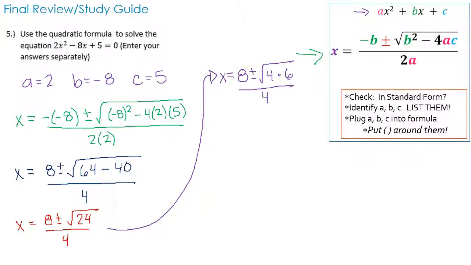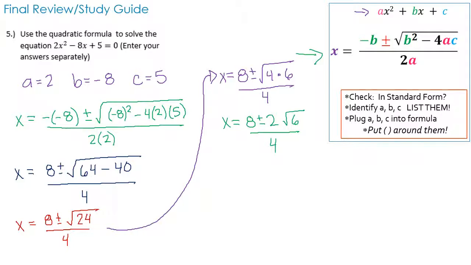So we have x is equal to 8 plus or minus, the square root of 4 is 2, and we can't take the square root of 6 or simplify it any further, so that stays underneath, all over 4. Now from here, we need to see if we can simplify what's outside that radical any further.